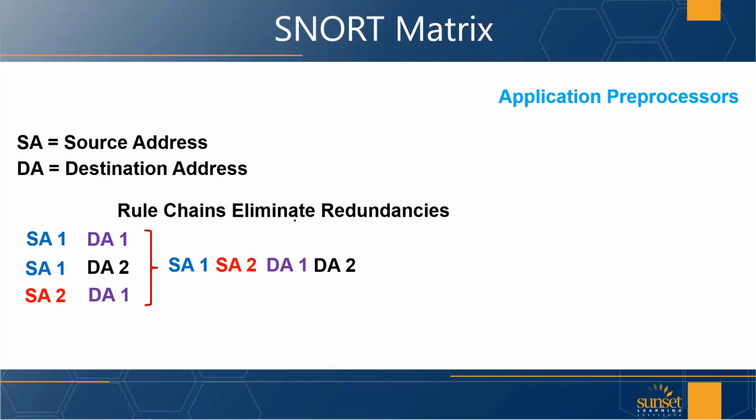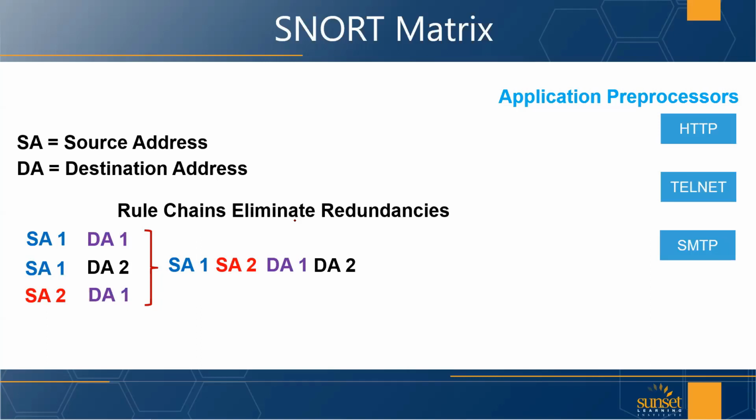This is SNORT 2.9, which is up through 6.7. With 7.0, you get a chance to go to SNORT 3.0, and they don't call them preprocessors anymore. I don't remember the name, but they don't call them that. But in this case, I've got HTTP, Telnet, and SMTP like we had before. What happens is we've loaded these preprocessors that basically have downloaded what the RFC says HTTP, Telnet, and SMTP should look like.